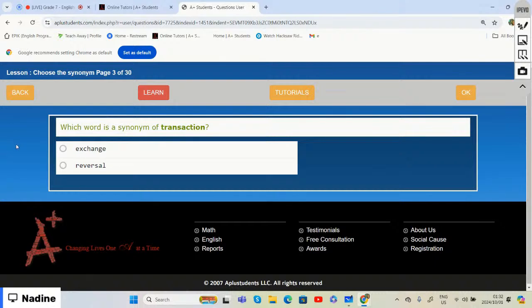All right, another word for transaction. The synonym of transaction is exchange, option one, or reversal, option two. So well done, respected is correct. Now we're going on to transaction. Is transaction exchange, number one, or reversal, option two?